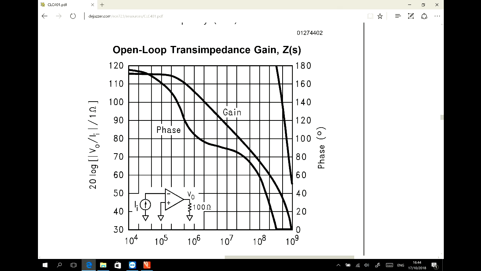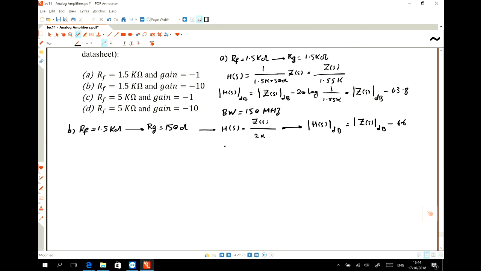To find the bandwidth, again we put the 66, so it's here, and the bandwidth drops to around 10 to the power 8, 100 megahertz. So I can say that the bandwidth is 100 megahertz.